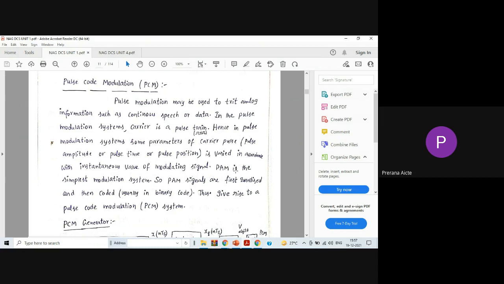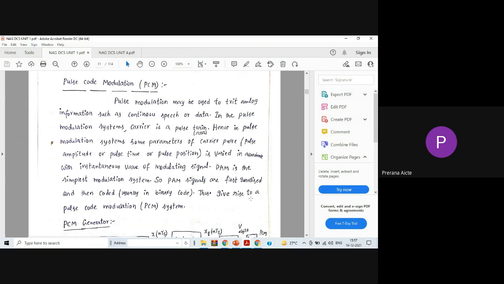Okay, so we take the input as pulse amplitude modulated signals, which are quantized and then coded into binary form. We call this technique the pulse code modulation system. What is that? We are taking the input signal as a normal sinusoidal signal and the carrier signal as a pulse train signal.